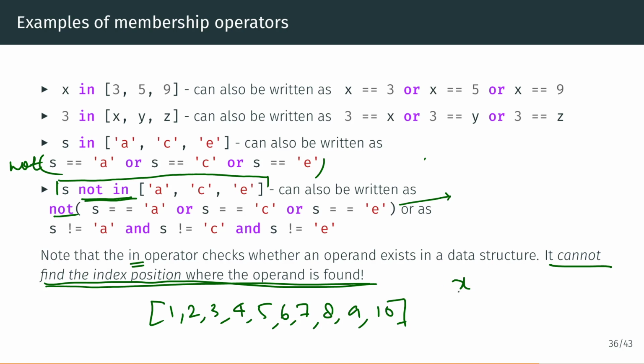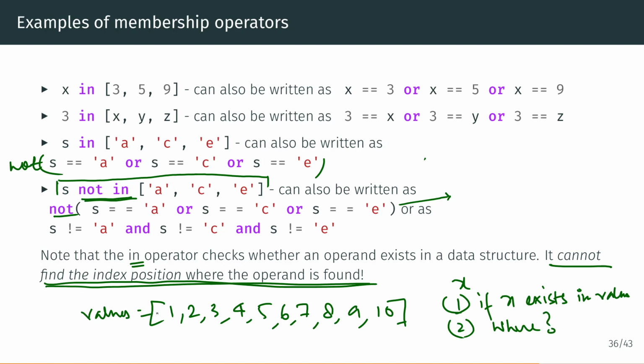All I need to find is two things. First, if x exists in the list, let's call it values, and if it does, where? The index. Remember, index is 0 1 2 3 4 5 6 7 8 9.